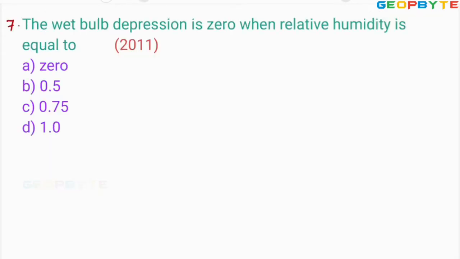Look at the 7th problem. The wet bulb depression is 0 when relative humidity is equal to.